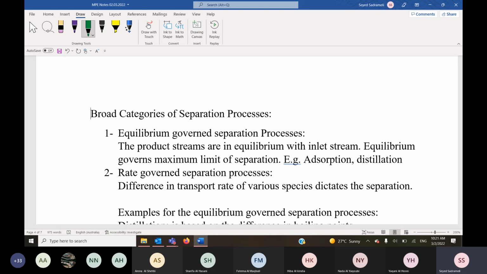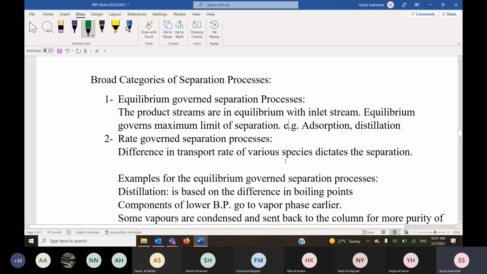Equilibrium governs the maximum limit of separation, for example, adsorption, distillation, extraction. Rate-governed separation processes are based on differences in transport rate of various species that dictates the separation.